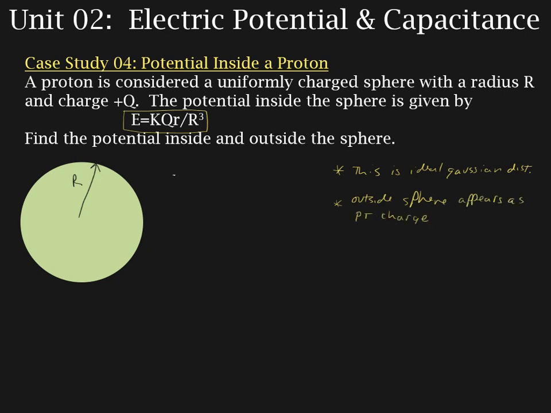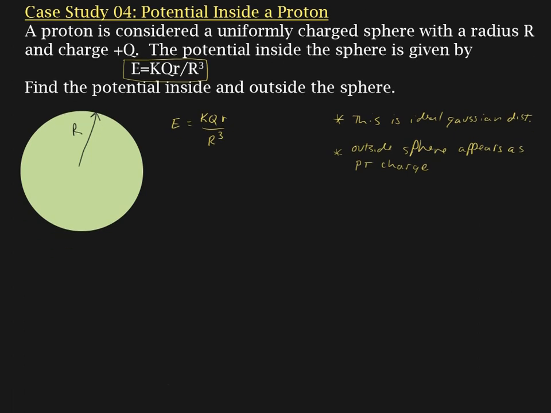Now it might be easier to write this so that it looks normal: kQr over R cubed. And now we go ahead and set up our problem. So the potential inside is what we're looking for. That's going to be equal to minus the integral from infinity.